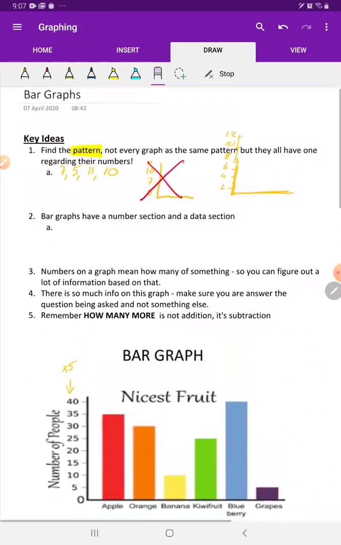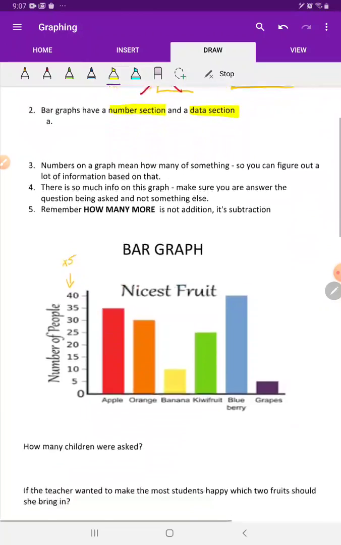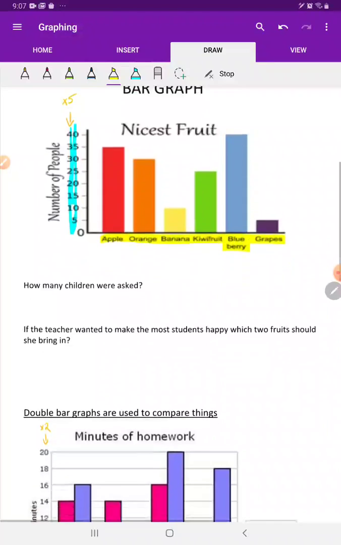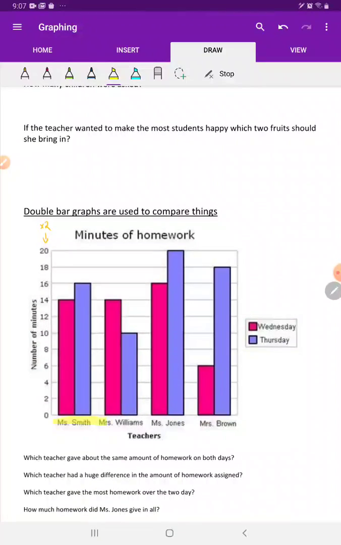All right, so the next thing is that bar graphs always have 2 sections. They have what's considered a number section, and then they have a data section. And that's what this down here is looking for. So you can see, I'm going to do it in 2 different colors. There's my number section, and there's my data section. Here, data section at the bottom, number section on the side.